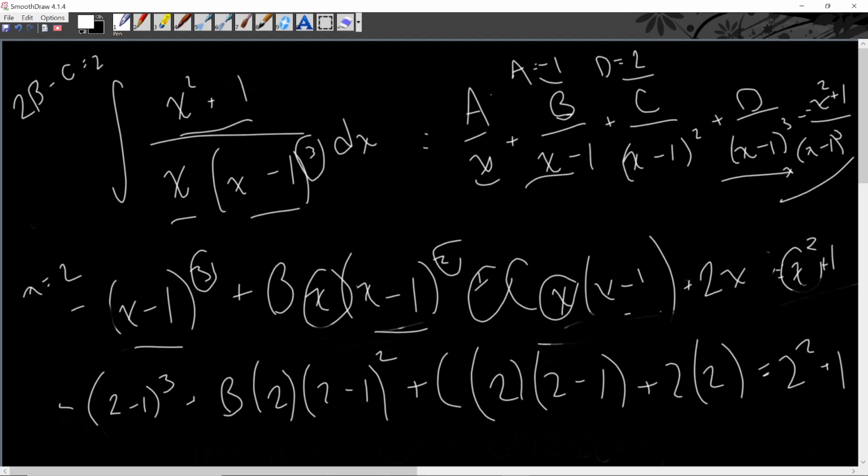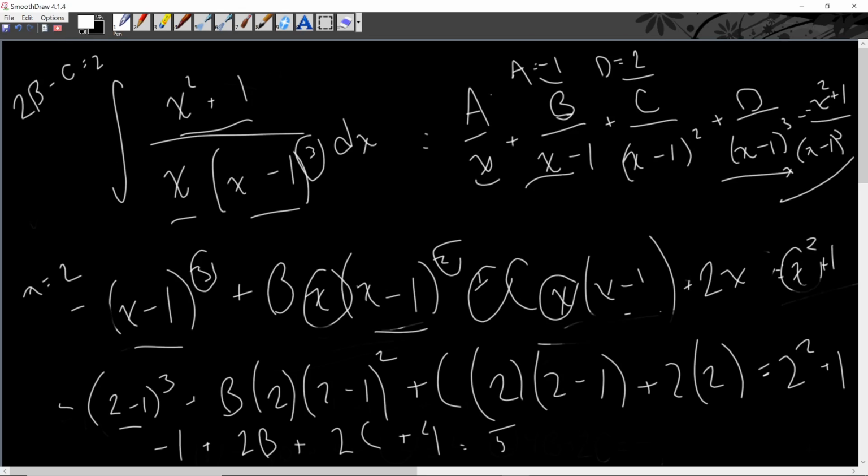Alright, and then again, 2 minus 1 is 1, so 1 cubed is negative 1, plus 2 minus 1 squared is 1, so plus 2b, plus 2 minus 1 is still 1, so 2c, plus 4, 2 times 2 is 4, equals 2 squared, 4, plus 1, 5. Alright, perfect.